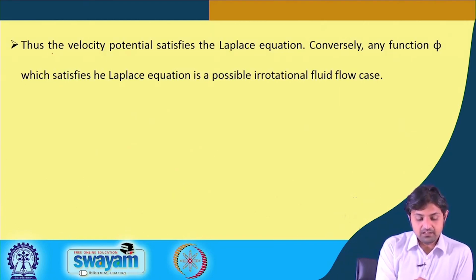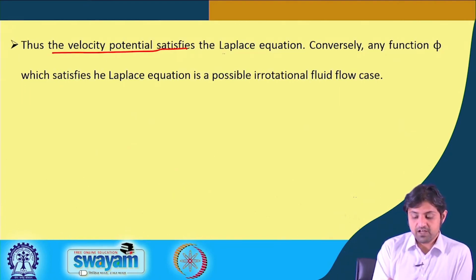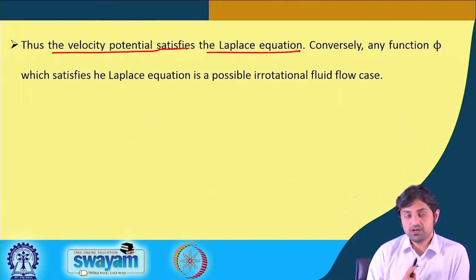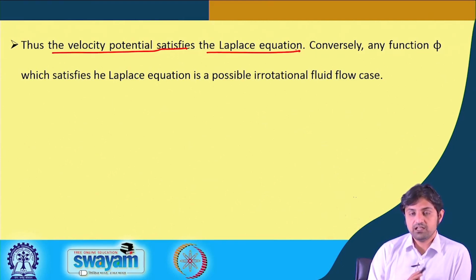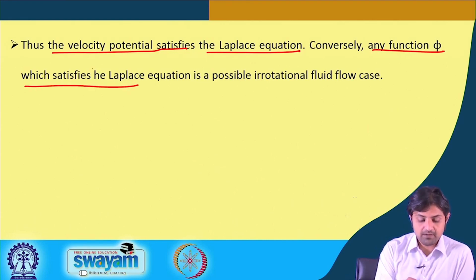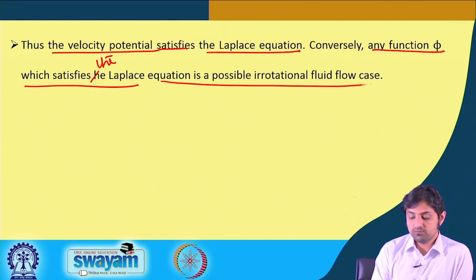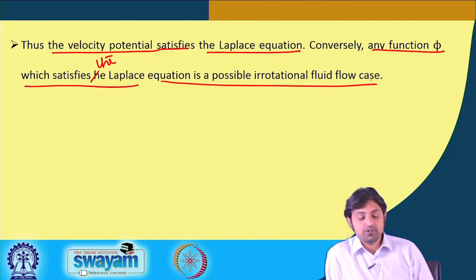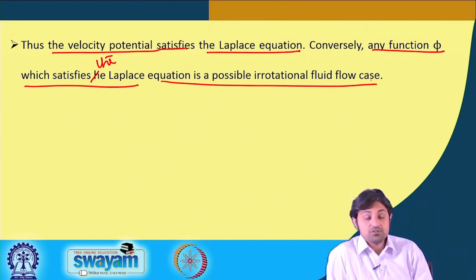As I said, the velocity potential satisfies the Laplace equation for an incompressible fluid and an irrotational flow. Conversely, any function phi which satisfies the Laplace equation is a possible irrotational fluid flow case. This concept will be used in numericals that you are going to solve.